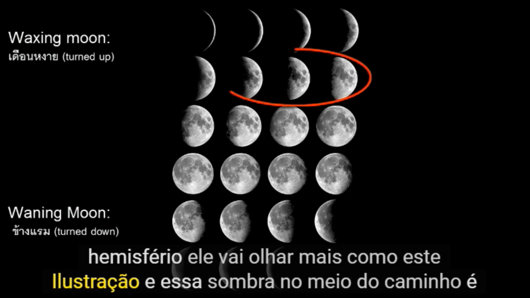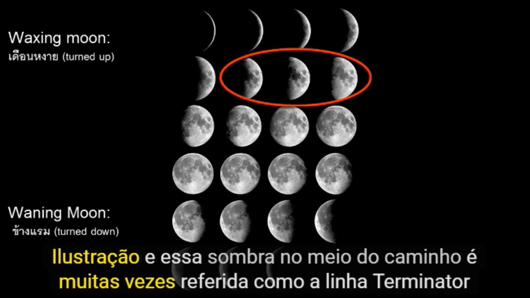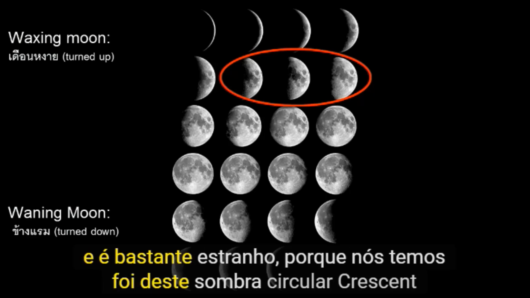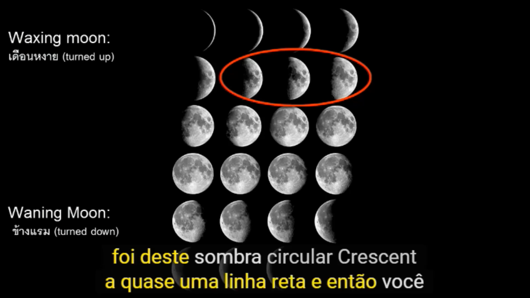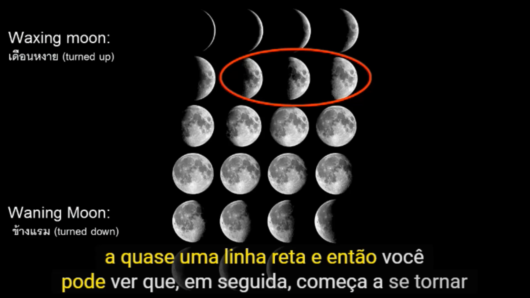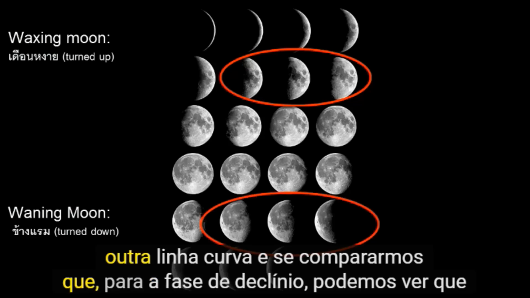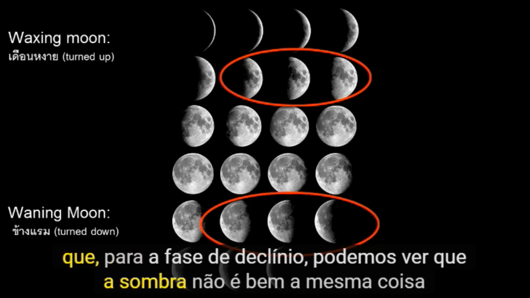And this halfway shadow is often referred to as the terminator line, and it's quite strange because we've gone from this crescent circular shadow to almost a straight line, and then you can see that it starts to become another curved line. And if we compare that to the waning phase, we can see that the shadow is not quite the same.